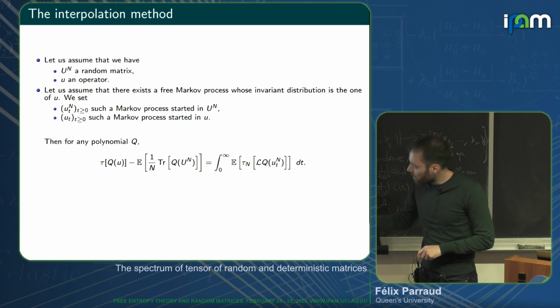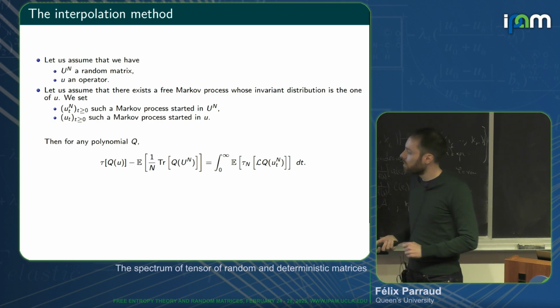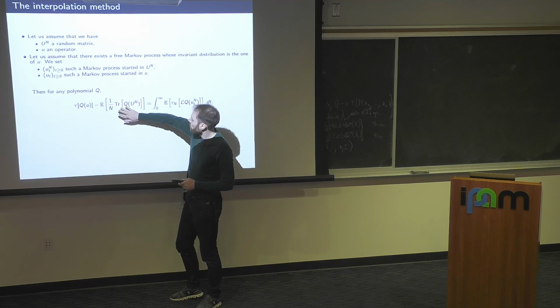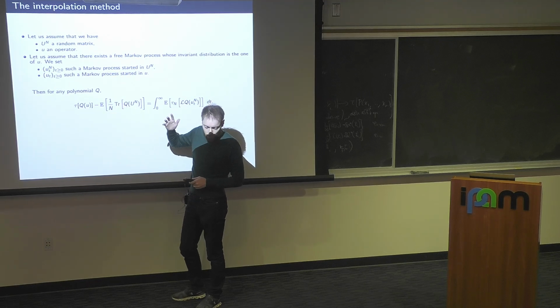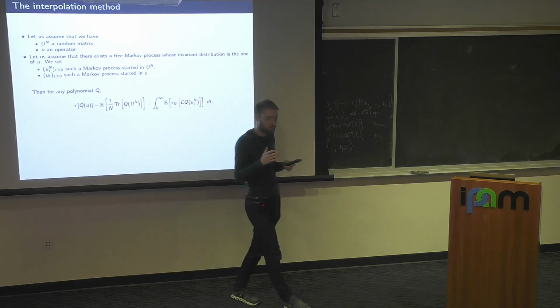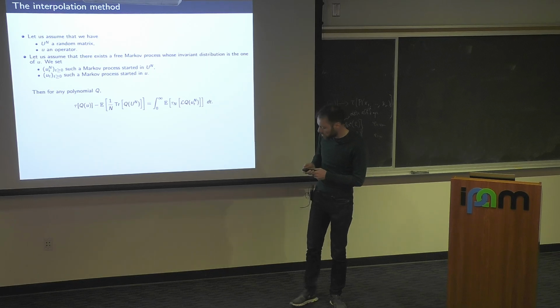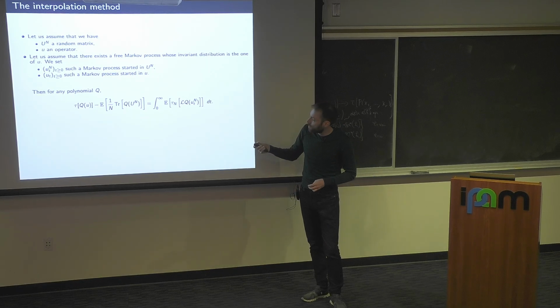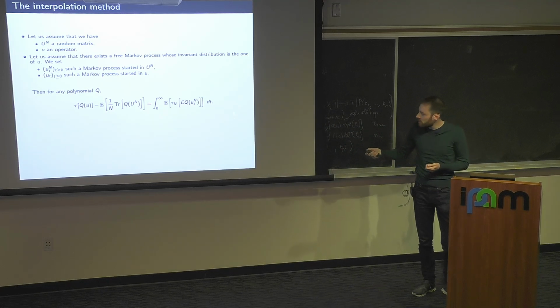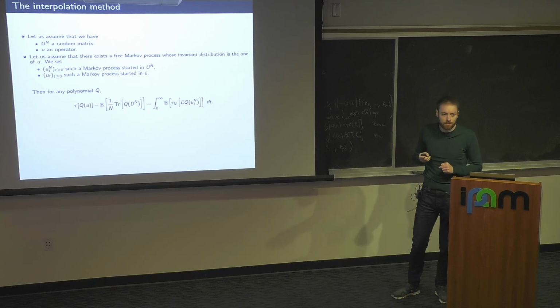And the point is that, once again, if you take UtN, this thing is interpolating between UN and U. So you take the trace of Q evaluated in your Markov process at time 0, and the trace of Q evaluated in your Markov process at infinity. Once again, you can interpolate and write that as an integral, where you've got some expectation of the trace of your infinitesimal generator L applied to your polynomial Q, evaluated in this Markov process UtN.